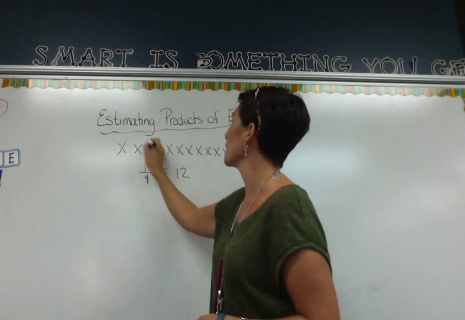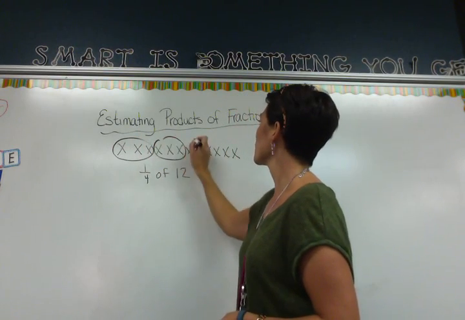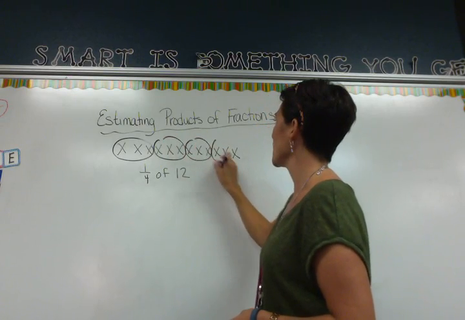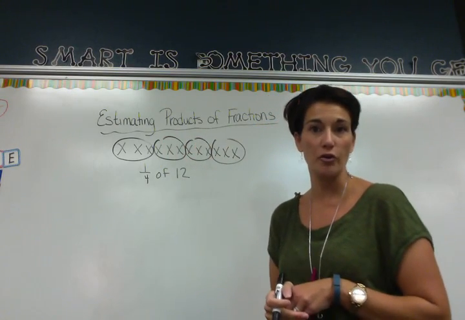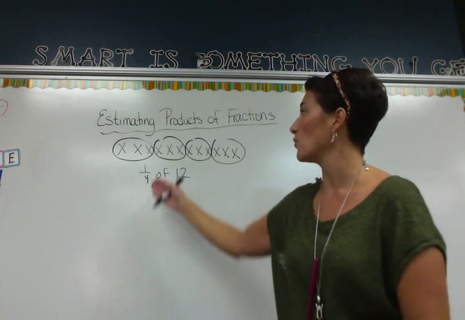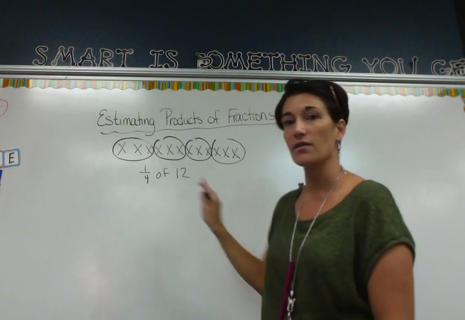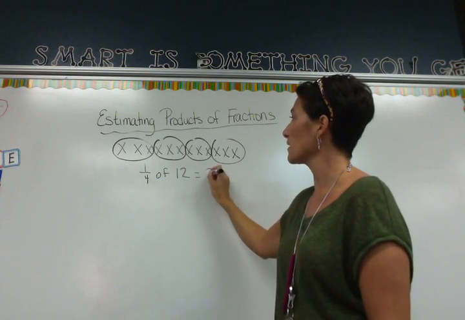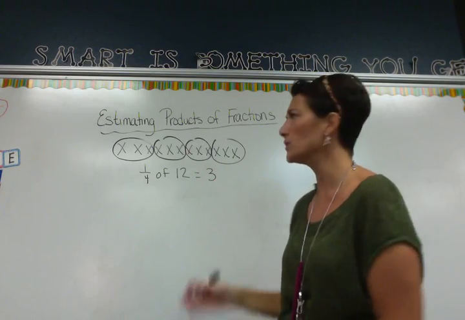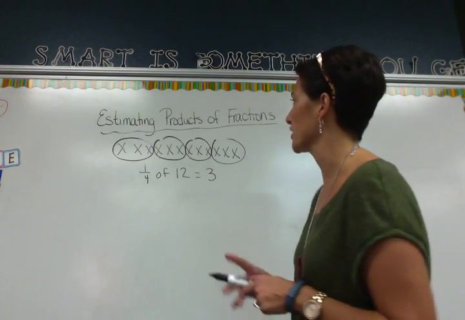So I know that 4 goes into 12 3 times, so I know that I can make 4 groups of 3. So if I was to ask you to solve this problem and say what is 1/4 of 12, 1 out of the 4 groups would be 3. So this should be a little bit of review, especially when you started learning about division.